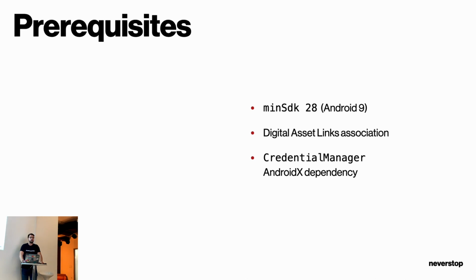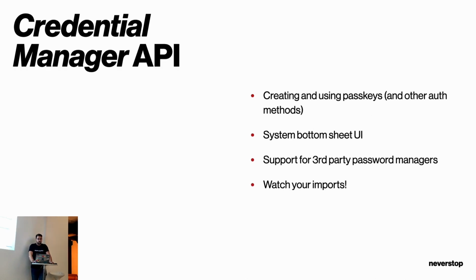And thirdly, the simplest and the best way to actually implement it is to use the Credential Manager from AndroidX. The Credential Manager offers, technically, everything you need. It has a mechanism for creating passkeys, for using passkeys.